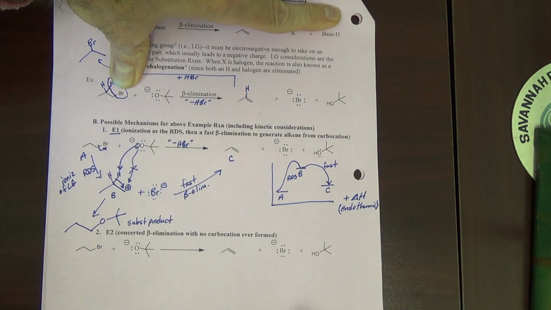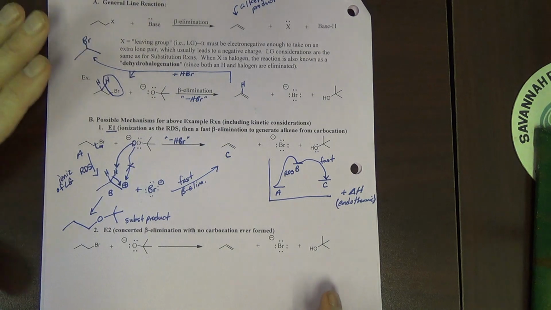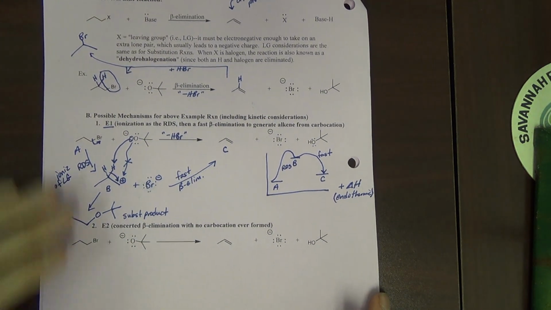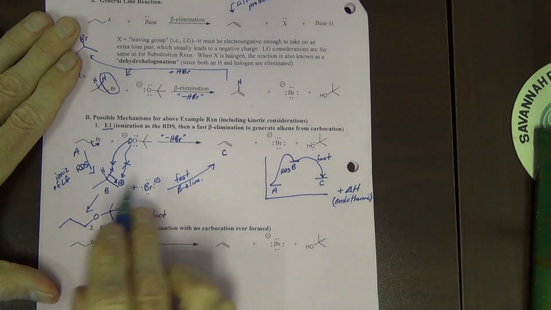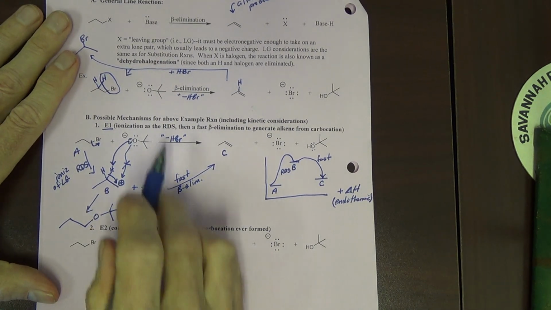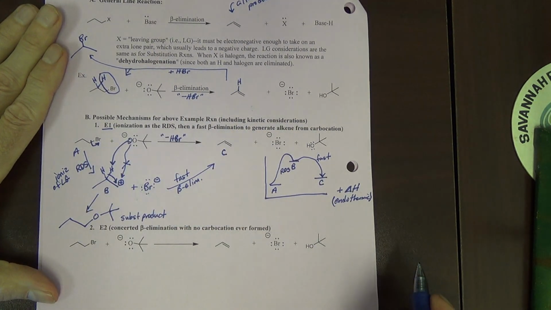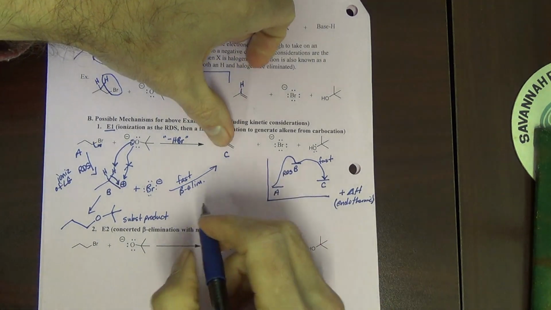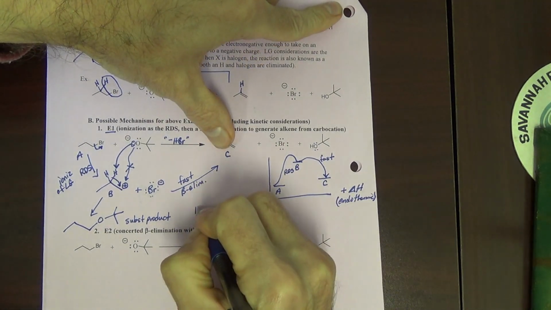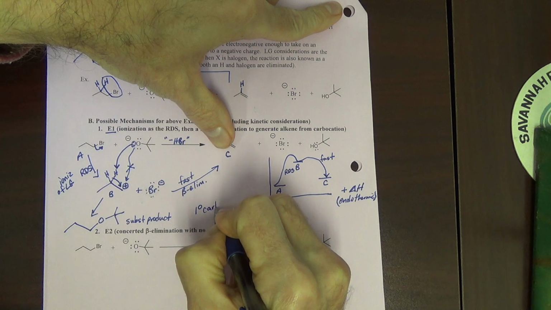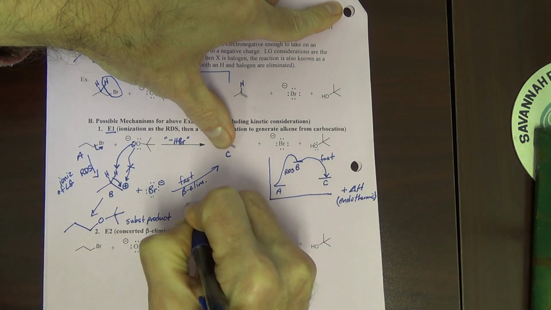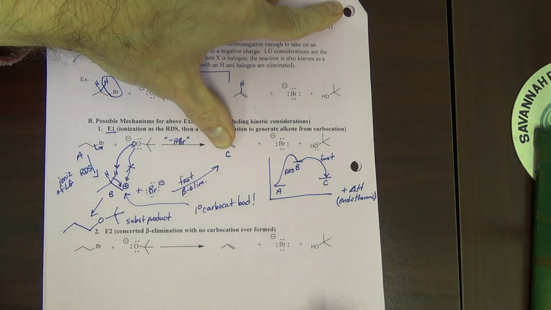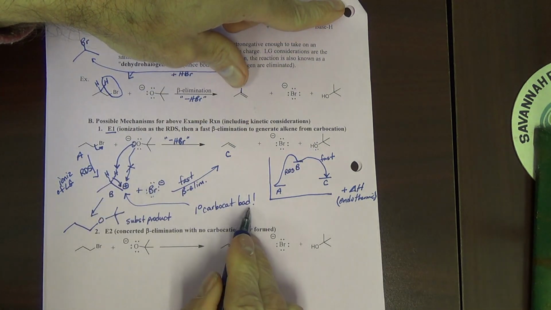Okay, what do you think of that mechanism? Do you think that's the mechanism for the model reaction? Well, no. Because primary carbocations are bad, right?